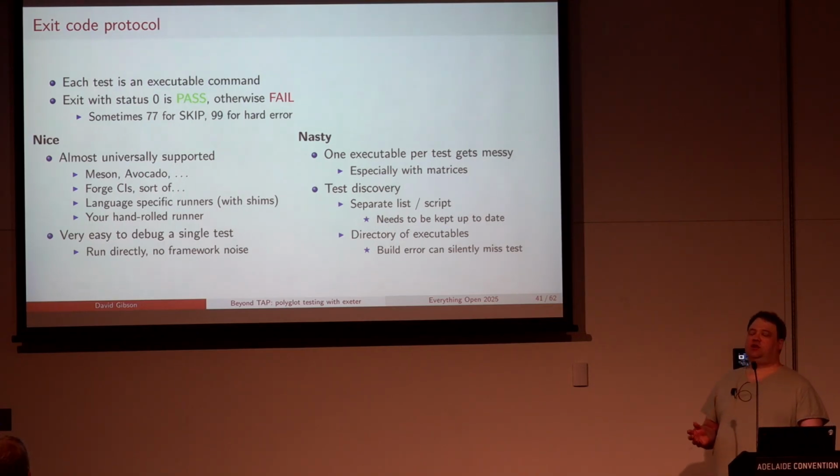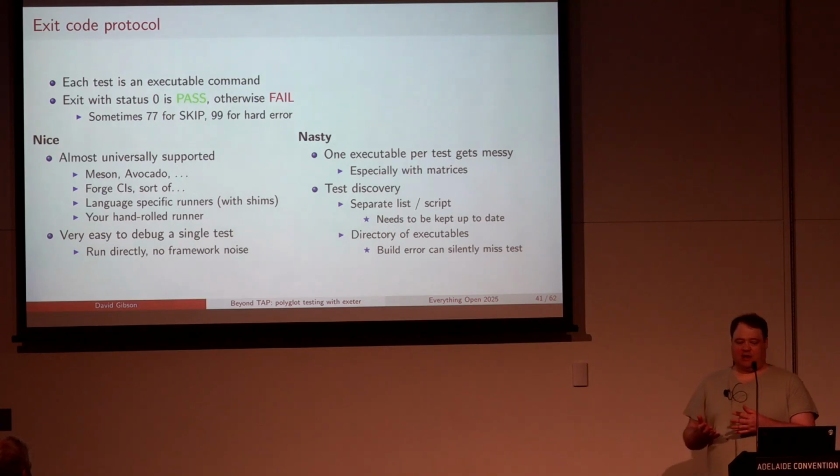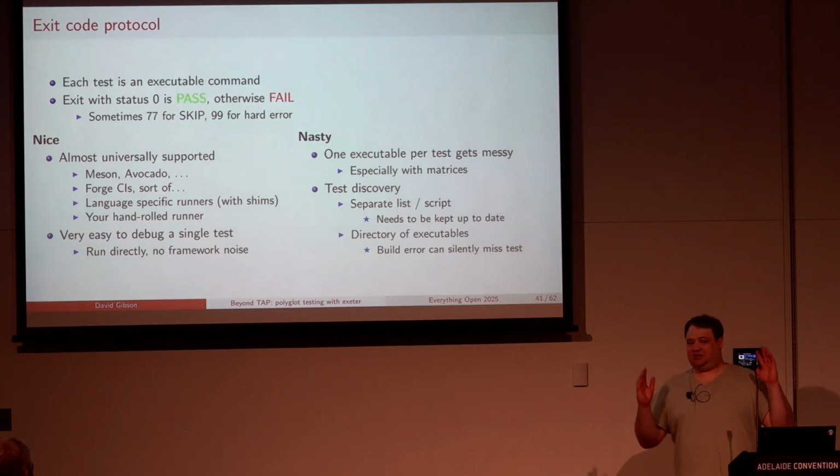One executable per test is real messy though, and there's basically two ways you can do test discovery. Either you can have a separate list or a script saying what tests to run. You have to keep that up to date. That's sometimes a pain. Or you have a big directory of all the executables you want to run as tests, but then you can have a build error that just means an executable is missing, and instead of a test failing, you just get the test vanishes.